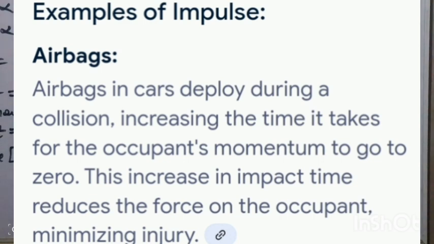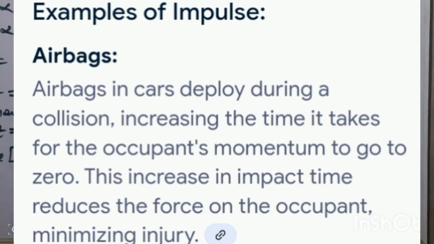Then the airbag, or another typical aspect, is a bumper. This one also will reduce the impact force and increase the impact time. When the impact force is reduced and the impact time is increased, this will minimize the injury that is supposed to occur.